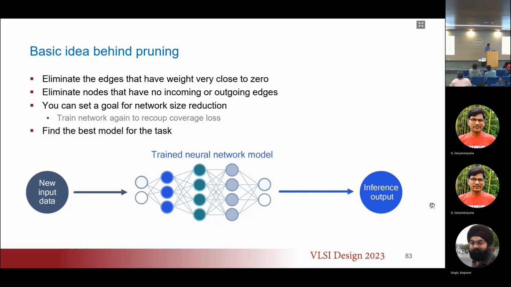So the basic idea behind pruning is that suppose we have trained this neural network. After training, the edges indicate the weights, and the nodes indicate the activation map or the inputs. If the weight of an edge is close to 0, then I could just drop that edge because I know that it's not going to contribute too much, right?